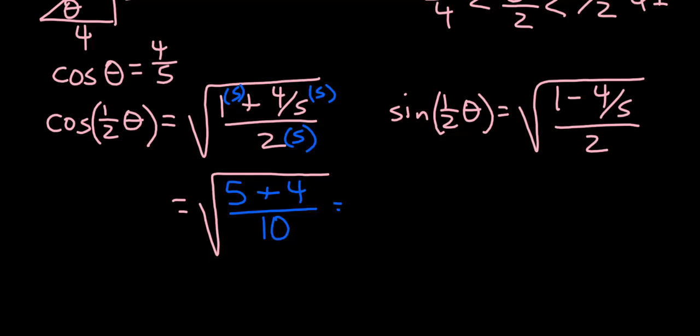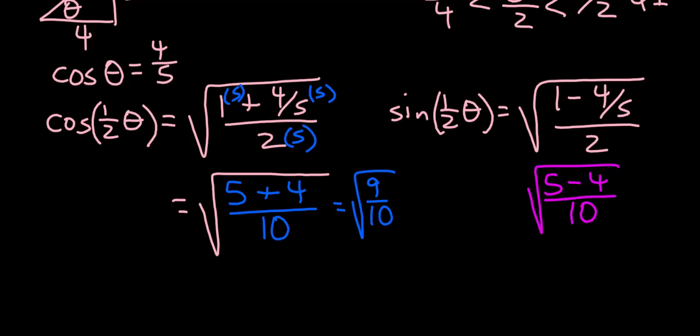And now we get the square root of 9/10. And we could do the same thing over here. I could multiply through by 5, and I get 5 minus 4 over 10, and that would be the square root of 1/10. So there we have it. These are the half angle formulas, and this is an example of how you could use them.